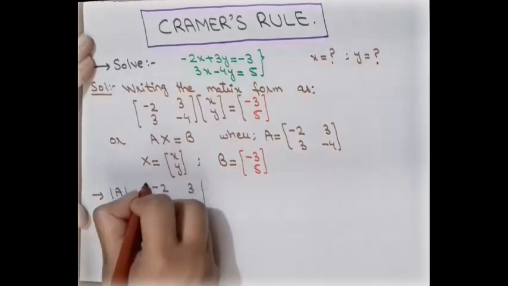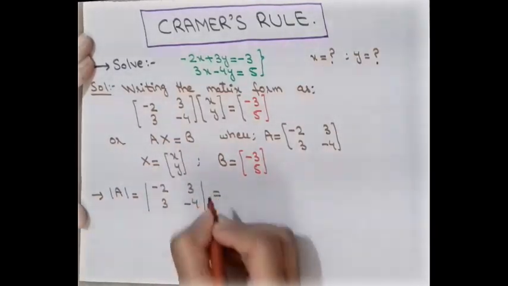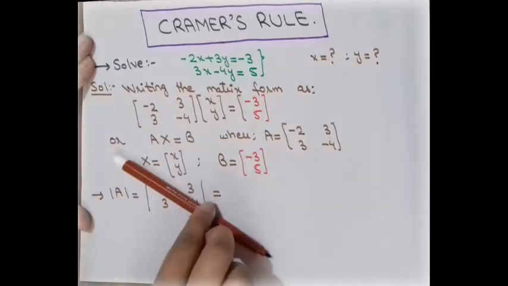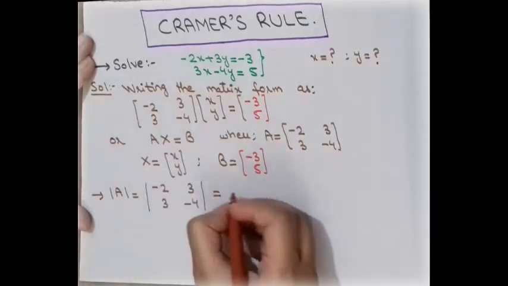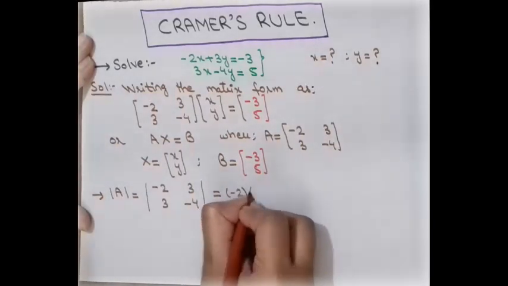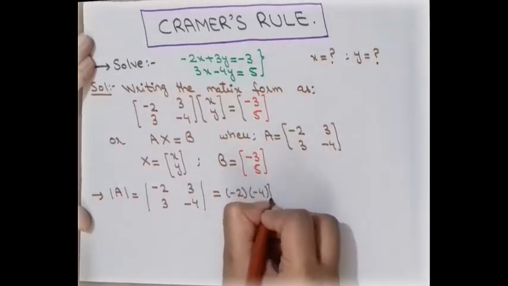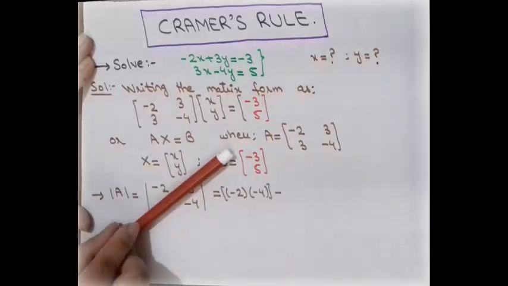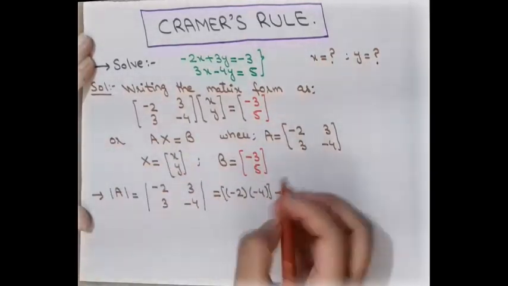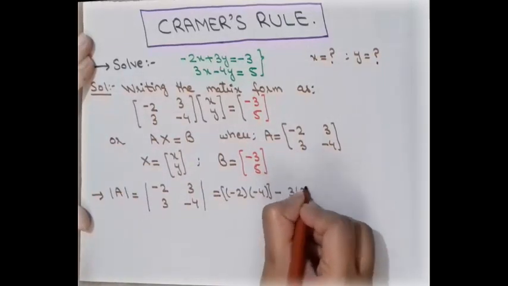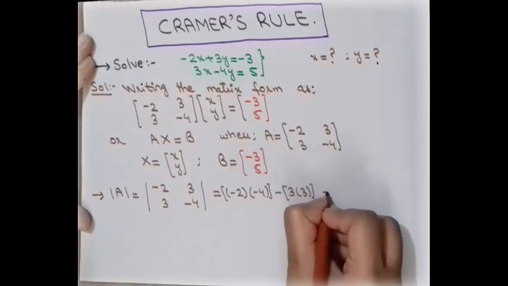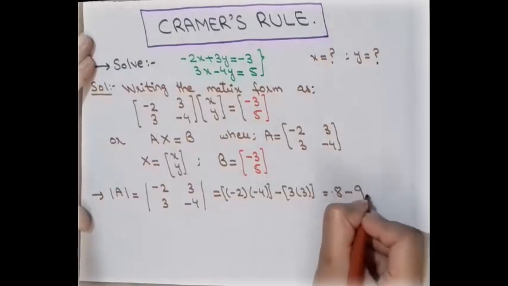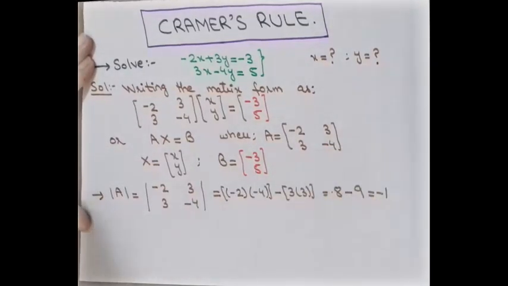As we already discussed for the determinant of a 2 by 2 matrix, multiply the diagonal elements, -2 and -4, then the sign is minus, and multiply the other elements, 3 by 3. This gives +8 minus 9, which equals -1.